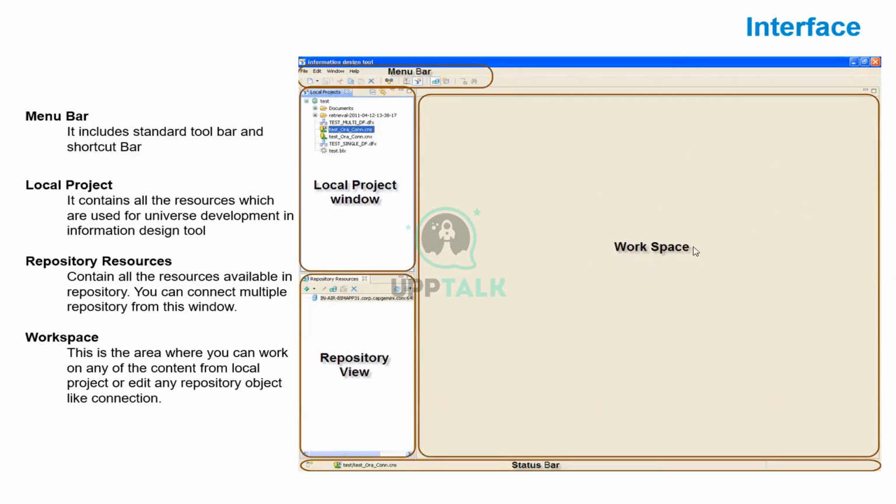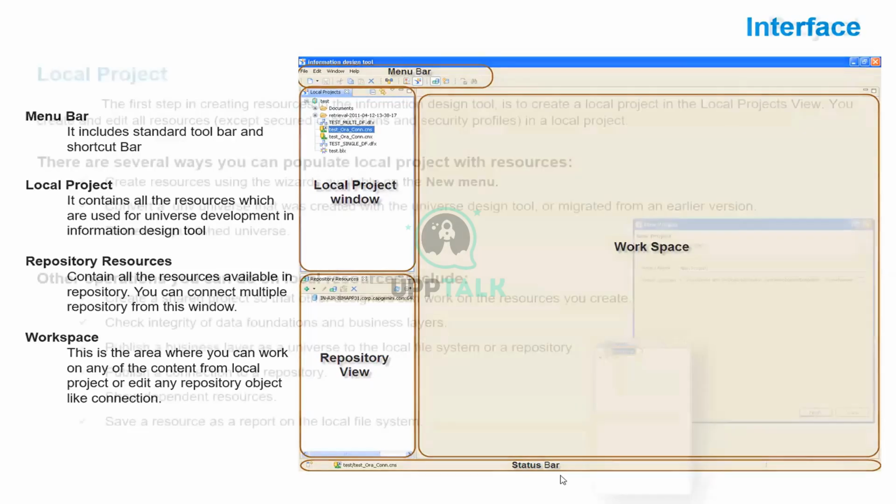This is the workspace where we include the tables, make the joins, and all. This is the menu bar. This is the local project window. This is the repository view. This is the workspace, and this is the status bar. It will show whether it is loading, whether the connection is loading, or whether the data foundation layer is loading, everything. It is like a status bar.